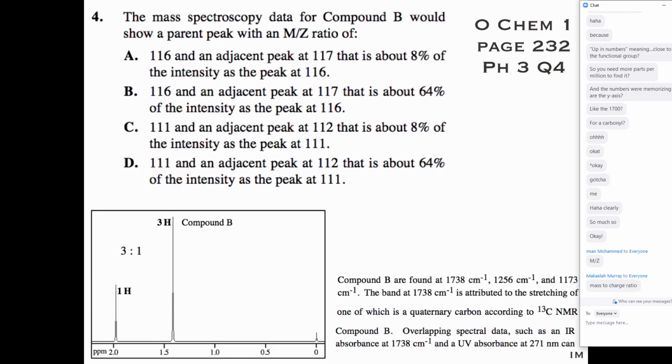So if you have a hydrocarbon, so let's go back to this compound. We had CH3, carbonyl, C, and then I'll write it structurally. Is that going to be an odd number or even number mass? What's your intuition tell you?